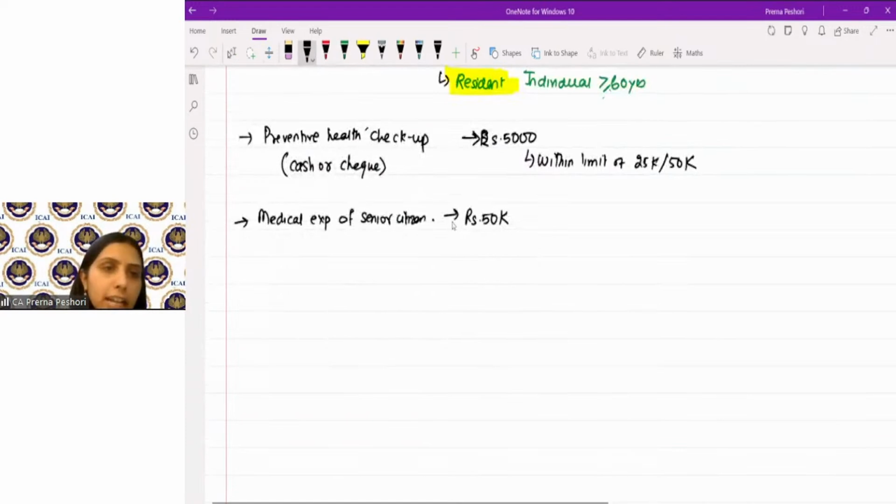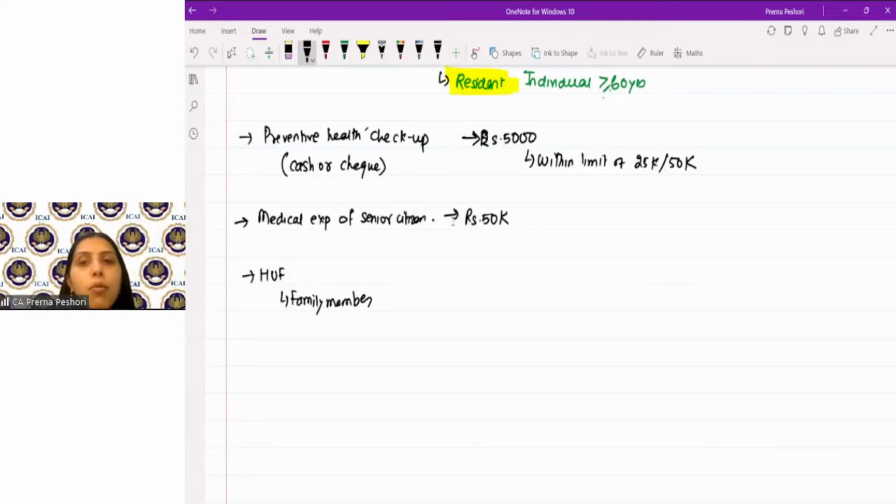In case of the HUF, the deduction is allowed for the health of any family member. What is the amount? It would be 25,000 or 50,000 for a senior citizen. Are we clear?